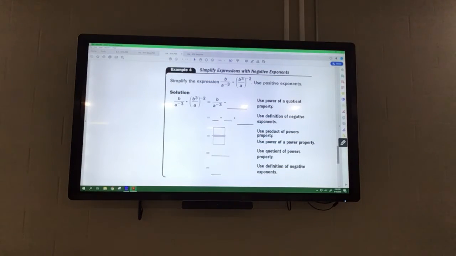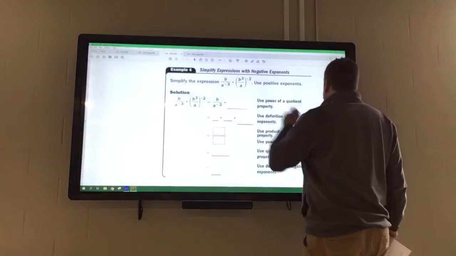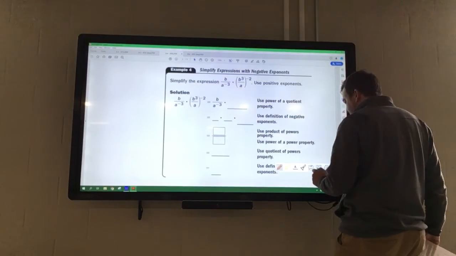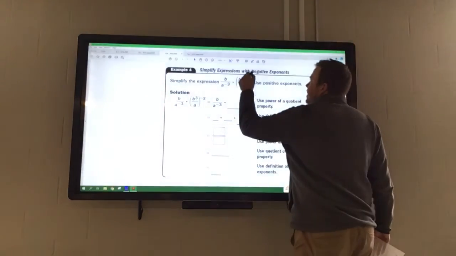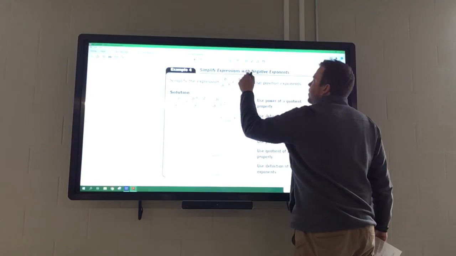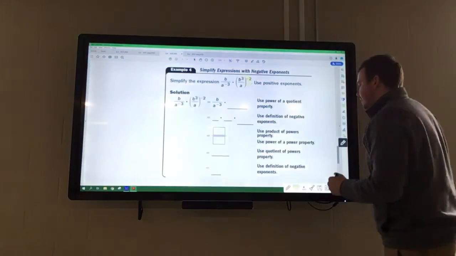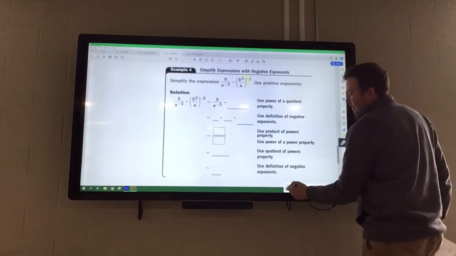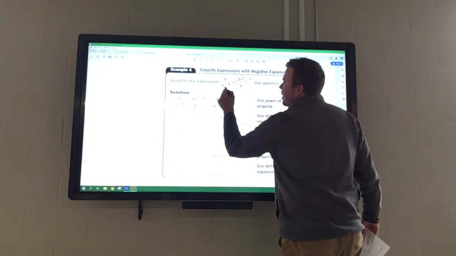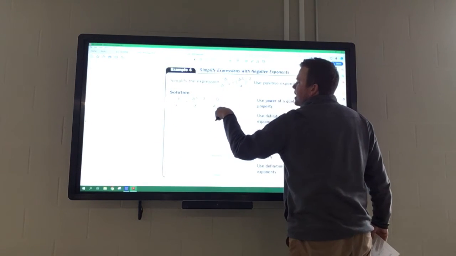So let's be careful to take this using order of operations. So the first thing I'm going to do is the exponent. I'm going to apply this -2 as an exponent to both the b to the third and a. So my first part, the b over a to the negative third, I'm not going to change that yet.